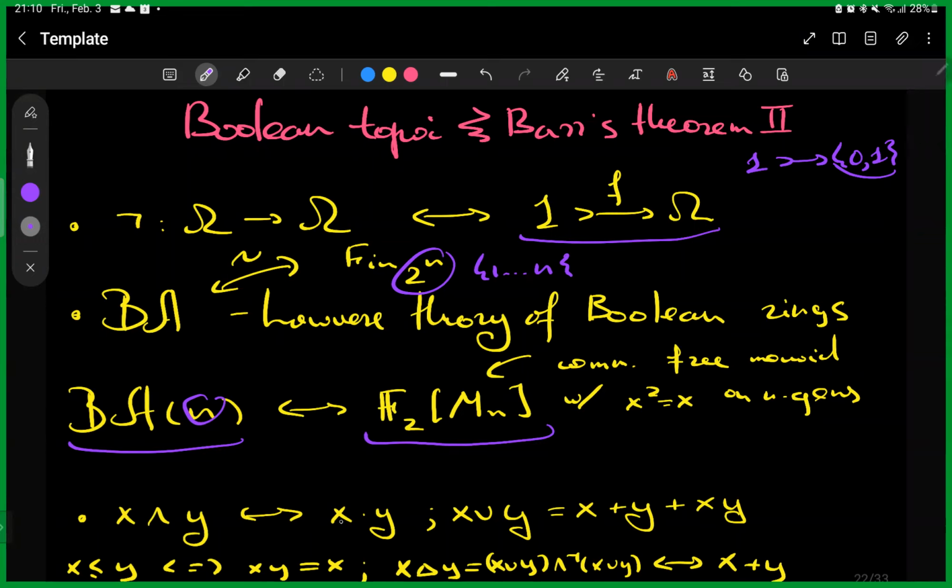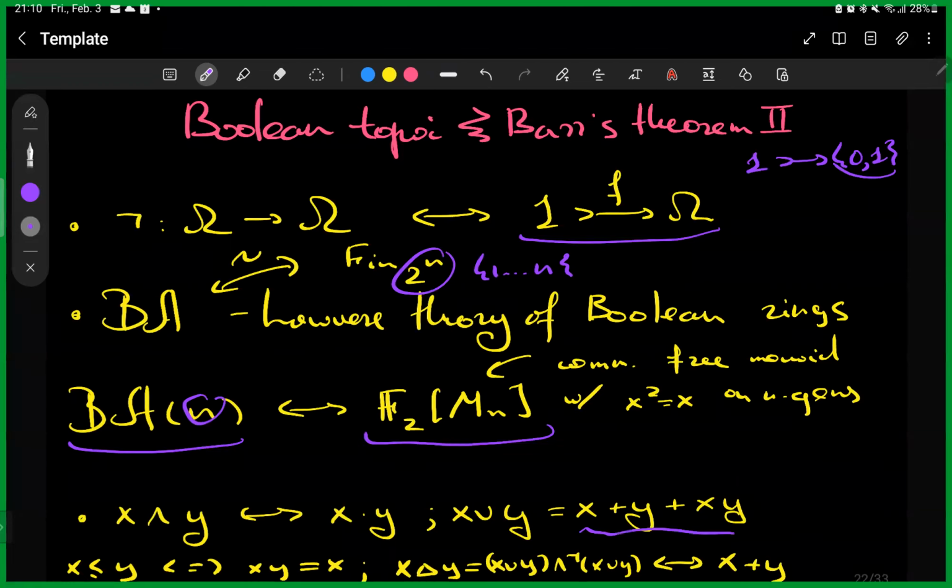So the correspondence between this algebraic definition via algebras and this set theoretic definition via intersections and unions is given by this. So conjunctions correspond to multiplication. Disjunctions correspond to these things.